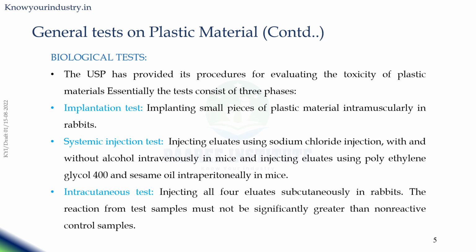In the implantation test, small pieces of plastic material are kept intramuscularly in rabbits, and tested over a period of time for muscle irritation, reddening or any other discomfort. In the systemic injection test, eluates using sodium chloride injection, with and without alcohol, are injected intravenously in mice, and eluates using polyethylene glycol 400 and sesame oil are injected intraperitoneally in mice.